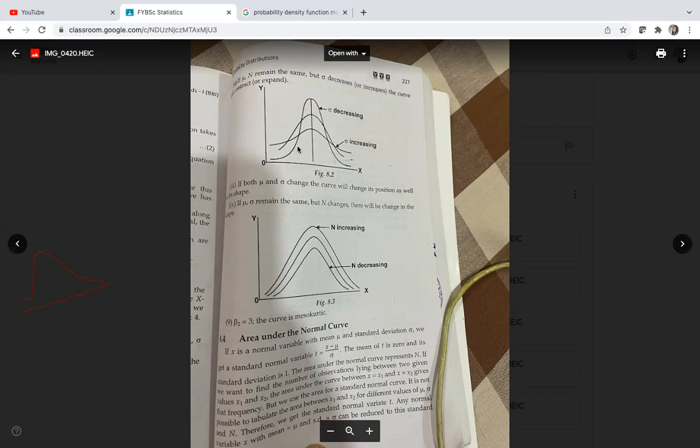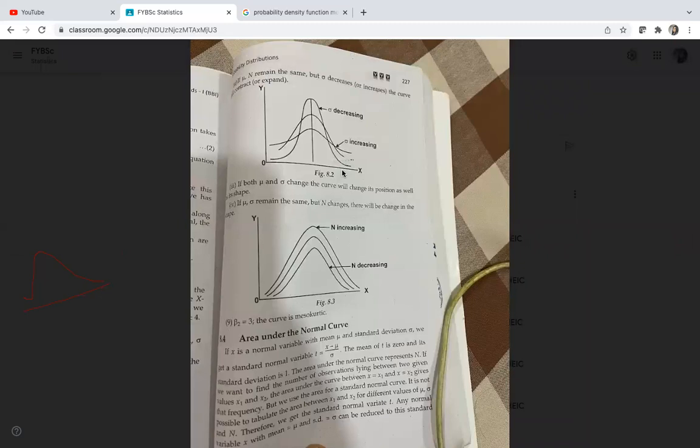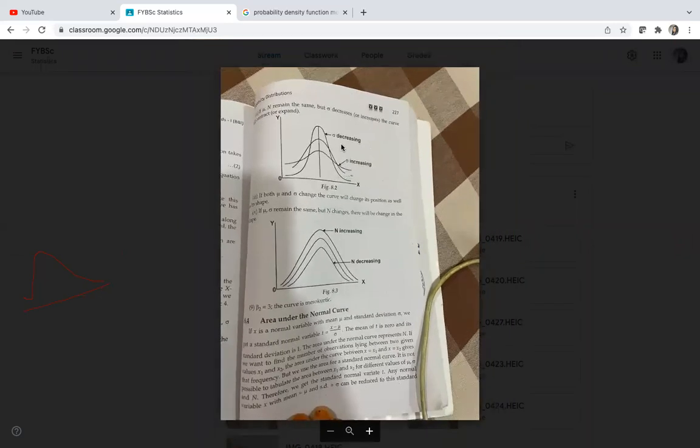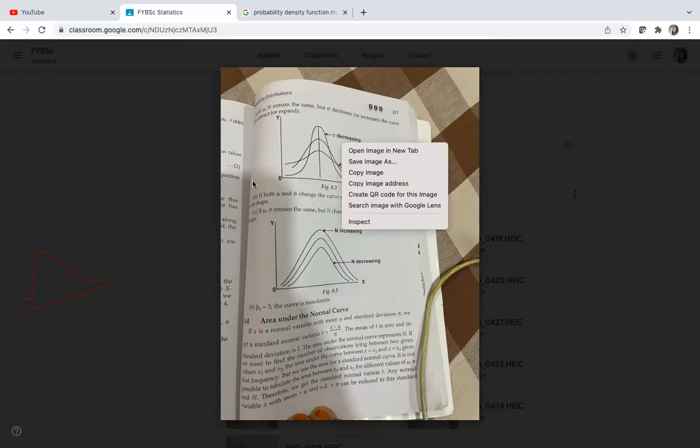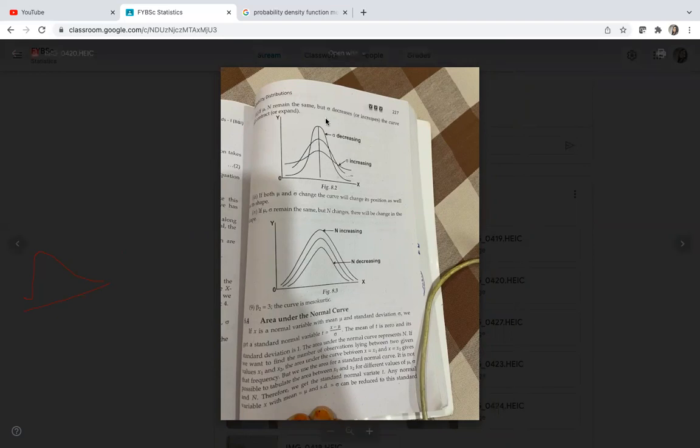This curve, its peakedness will keep increasing, right? Class, are you following? If the deviation is decreasing, the lower the standard deviation gets, the more its peakedness increases. And the higher the standard deviation, the less the peakedness. Following? Are you following?